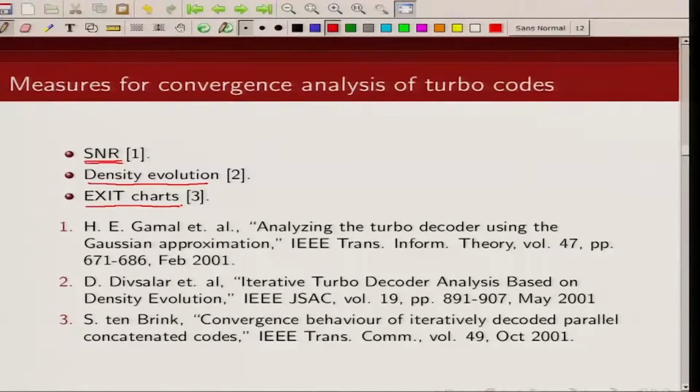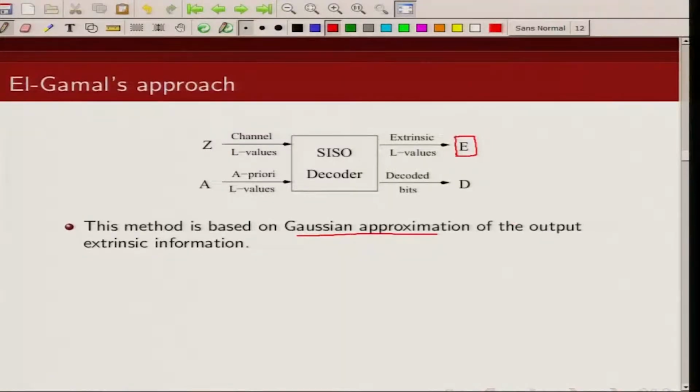And these are the three references, the first one corresponding to this SNR technique, the second to the density evolution technique, and the third to the EXIT chart technique. So, Al-Gamal's approach is based on Gaussian approximation of this output extrinsic information.